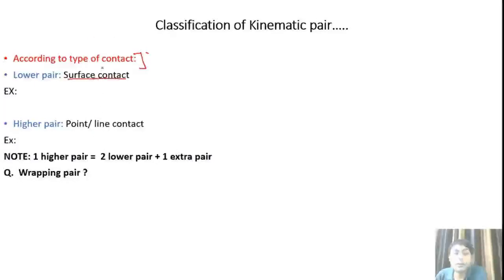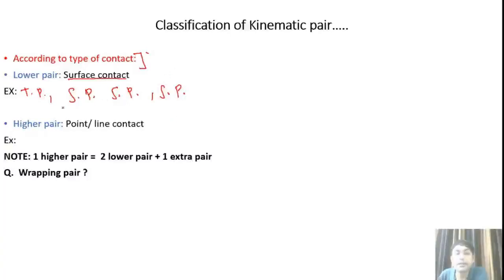If the contact is surface contact, then it is known as lower pair. For example, turning pair, screw pair, sliding pair. All these are examples of lower pair, spherical pair also as a lower pair.